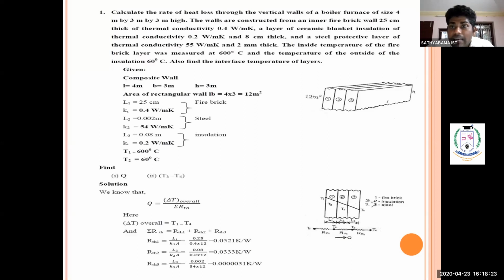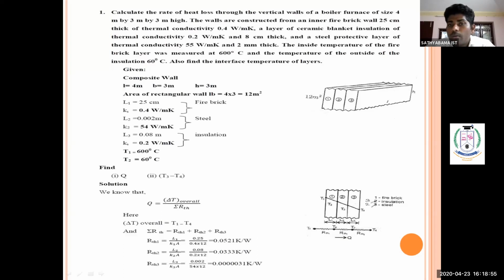And a steel protective layer of thermal conductivity 55 watt per meter Kelvin and 2 mm thick. Again, for the steel protective layer they have given the thermal conductivity value and the thickness. The inside temperature of the fiber brick layer was measured as 600 degrees Celsius, and the temperature outside of the insulation is 60 degrees Celsius. Also find the interface temperatures of the layers.